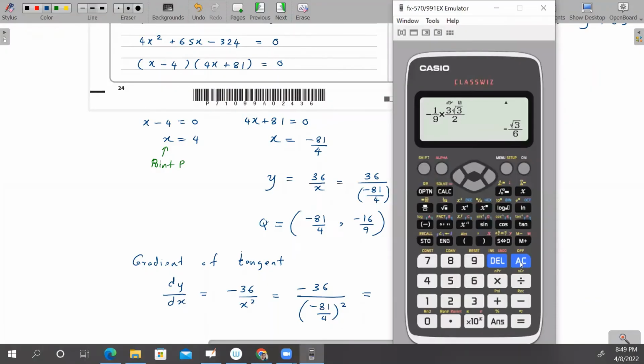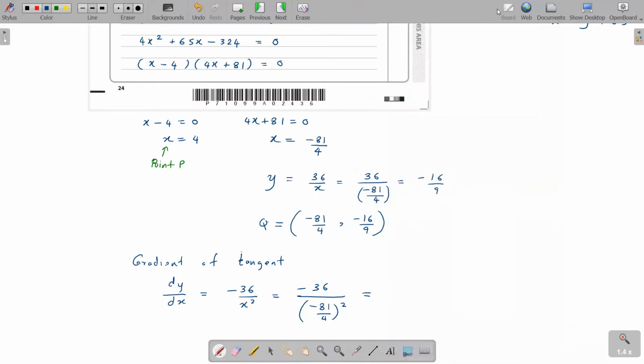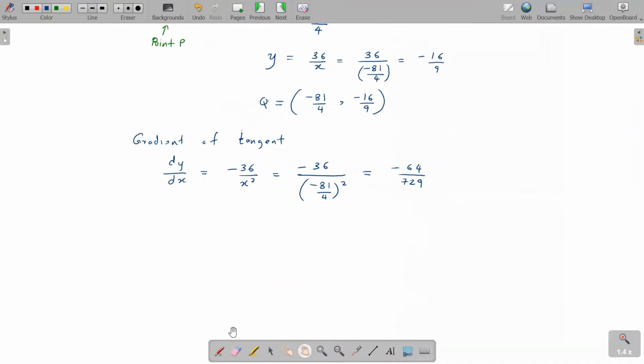Minus 36 over bracket, and you type like this. Minus 81 over 4 bracket and square. Can you see the way I type in the cal? And you get minus 64 over 729. So that's the gradient of your tangent.